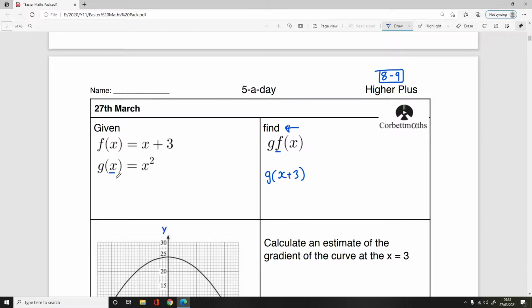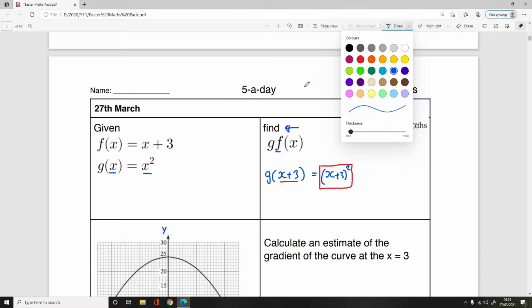G says number goes in, number gets squared. So number goes in, x plus 3. Number gets squared, x plus 3 all squared. That's it. You could expand that if you wanted, but there's certainly no need to. So we put f, write down what it is, and then put it into g. Okay.